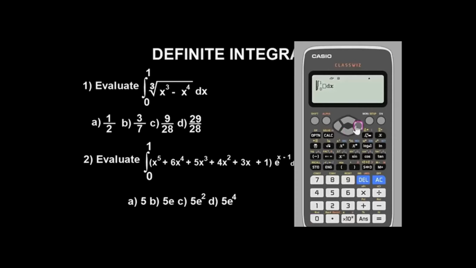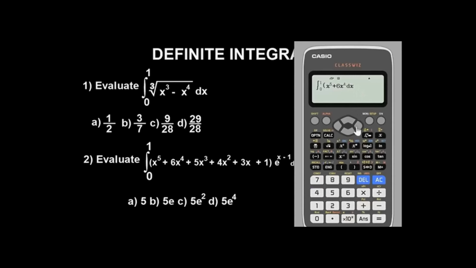You move the cursor to here, and in place of the variable we have x, so press alpha x raised to power 5. You come down, plus 6x: alpha x raised to power 4, using the power function.